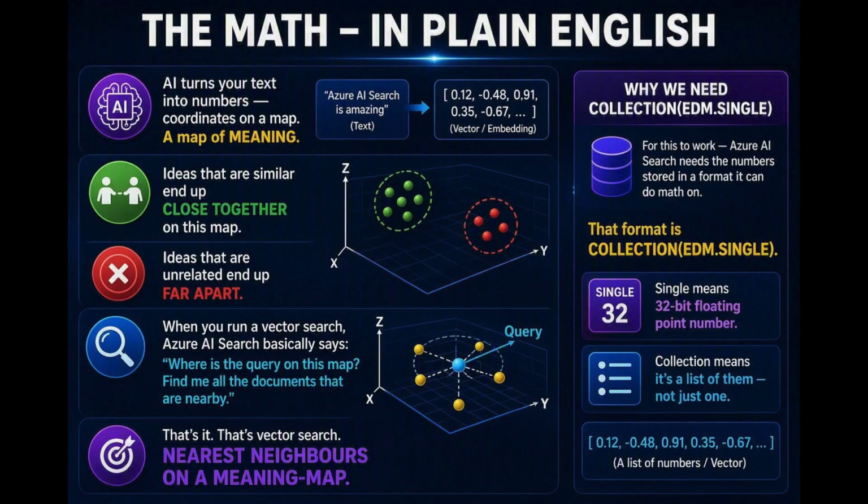Find me all the documents that are nearby. That's it. That's a vector search. Nearest neighbors on a meaning map. And for this to work, Azure AI Search needs the numbers stored in a format it can do math on. That format is Collection(Edm.Single). Single means 32-bit floating point number. Collection means it's a list of them, not just one.